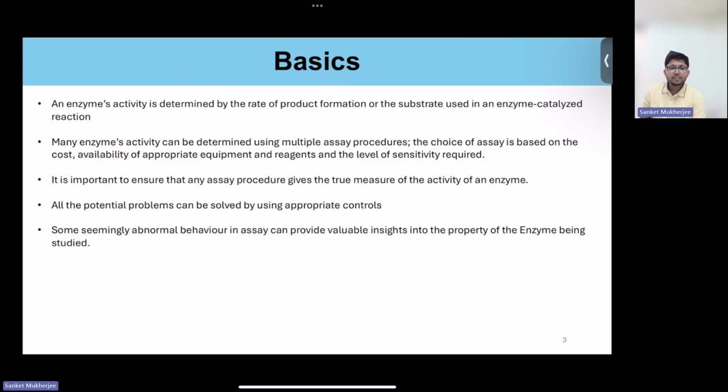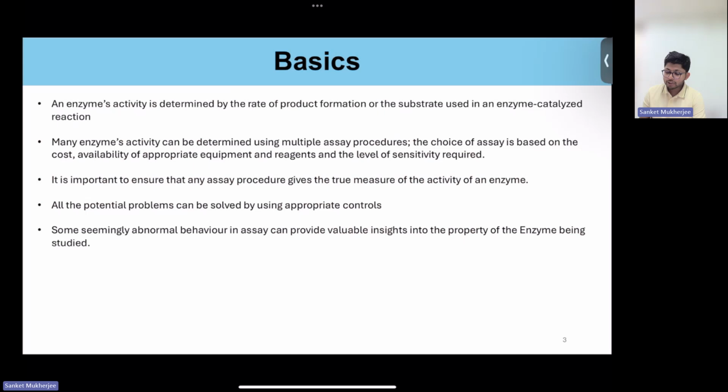If you look at the basics, the enzyme's activity is determined by the rate of product formation or the substrate utilized in an enzyme catalyzed reaction, right? Many enzymes' activity can be determined using multiple assay procedures. The choice of assay is based on the cost, availability of appropriate equipment and reagents, and the level of sensitivity that is required.